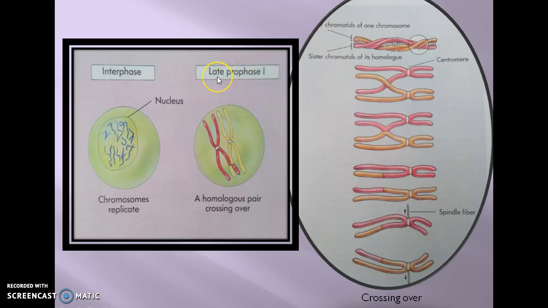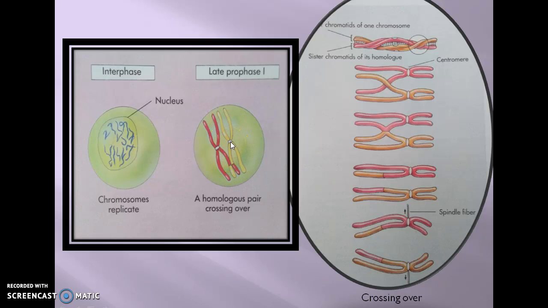But here we have early prophase 1 and late prophase 1. In early prophase 1, we have homologous pairs of chromosomes arranged beside each other, but there is no crossover happening. What are homologous chromosomes? They are chromosomes which are identical in their size and shape.